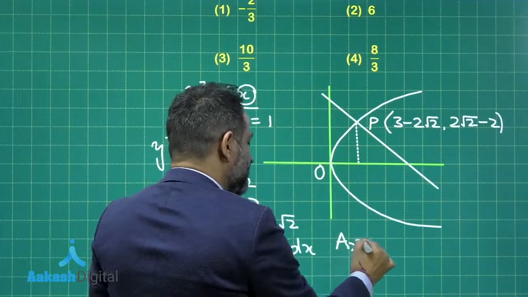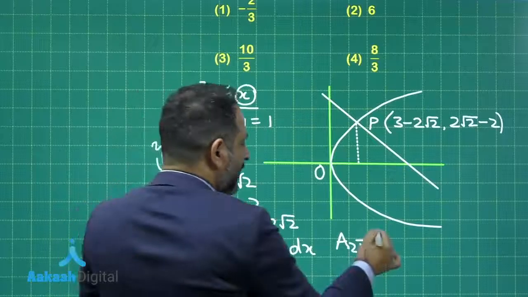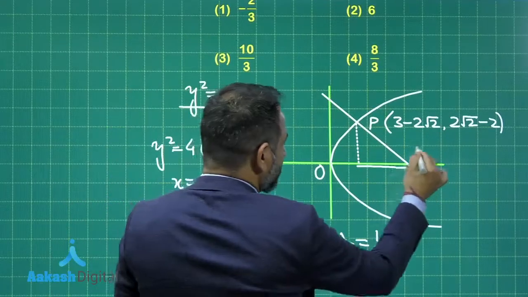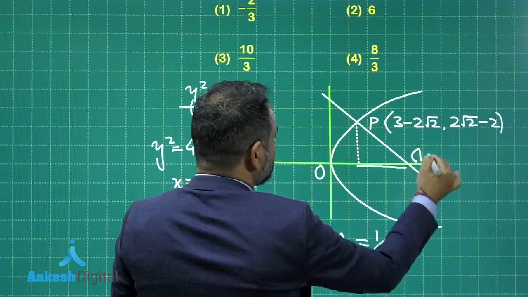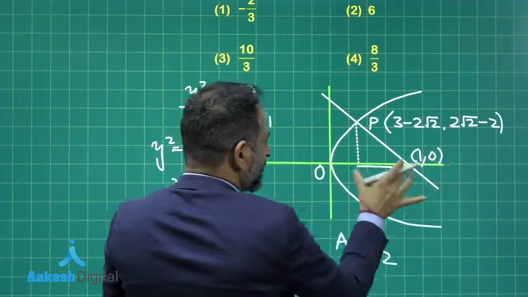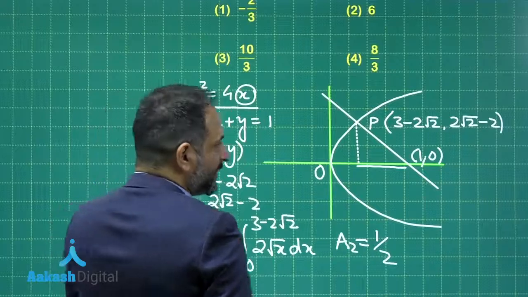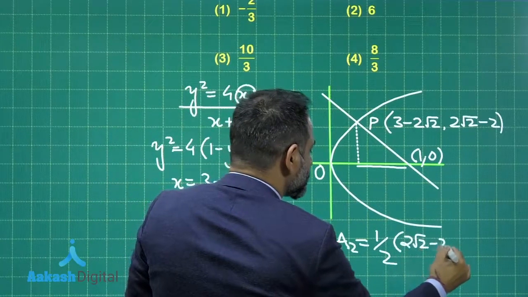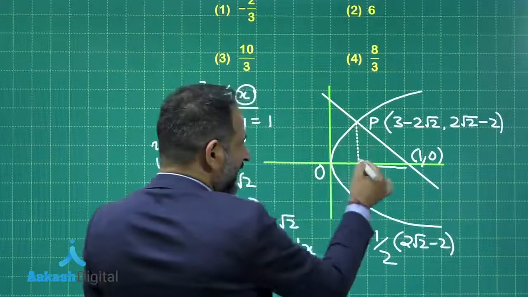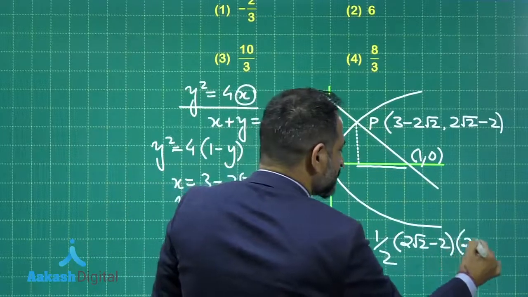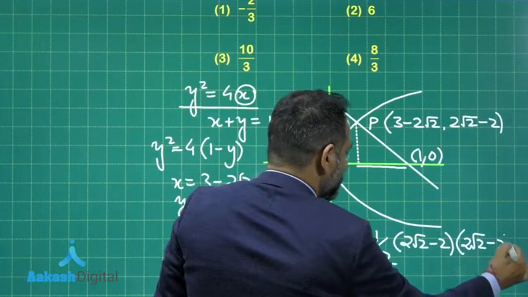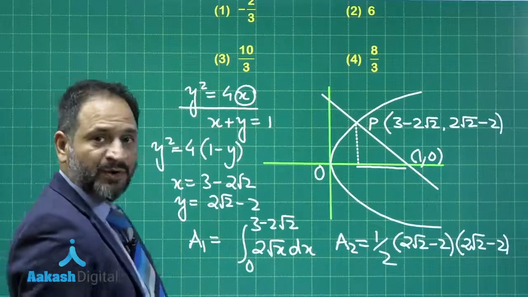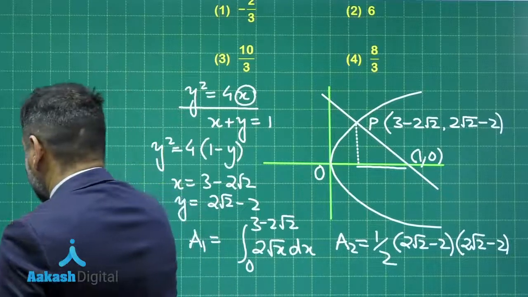So A2 is here for us, it is half base times height. Now this point, if you check it out, is 1 comma 0. So this distance will be equal to 2 root 2 minus 2, and this height is again 2 root 2 minus 2. So we can calculate these two areas, and the sum of these two will give you the required area.